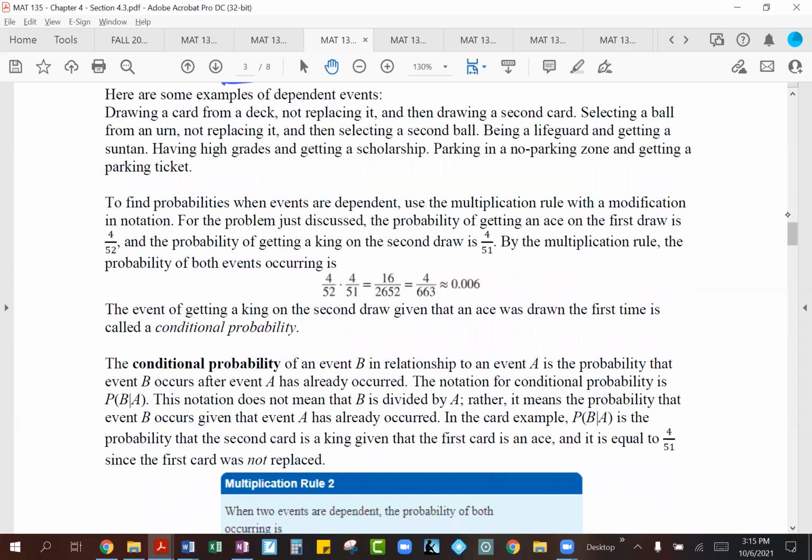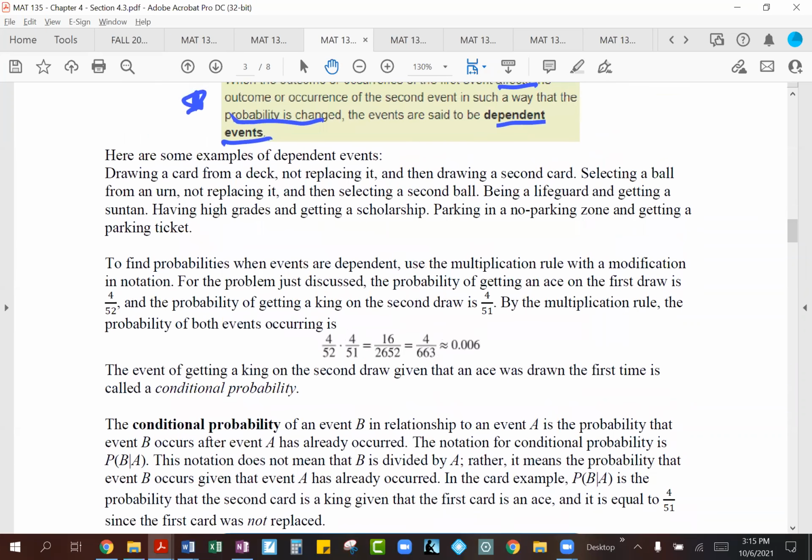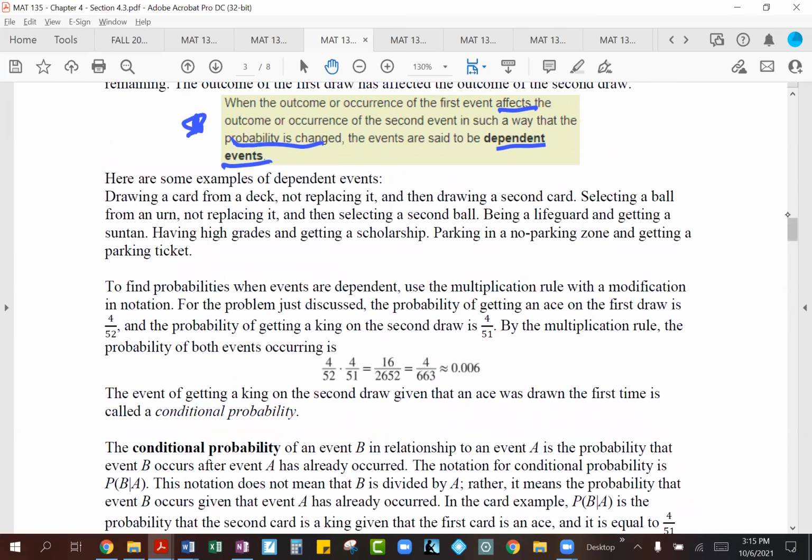And then again, they're listing out an example over here. Same thing, drawing a card from a deck of cards, not replacing it. If you have an urn with balls in it, if you take one ball out, don't replace it, and then select the second ball, kind of the same thing with cards. Here they're talking about two events which would be dependent.